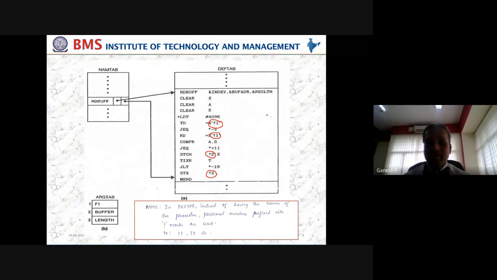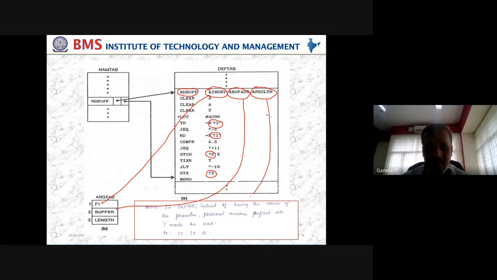So we have RDBUFF, which is a macro here, whose formal parameters are ampersand INDEV, ampersand BUFADR, ampersand RECLTH. When it gets expanded, these will be replaced correspondingly by F1, buffer, and length. So these 3 are the actual parameters. They come in place of that.